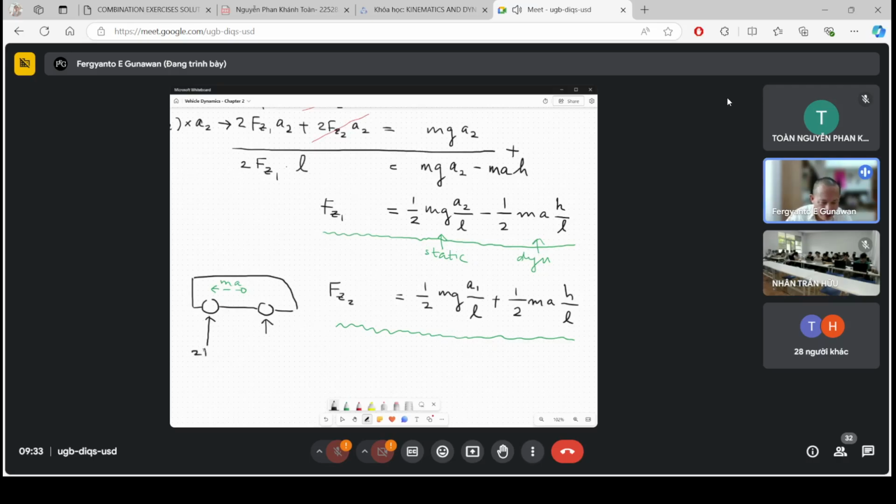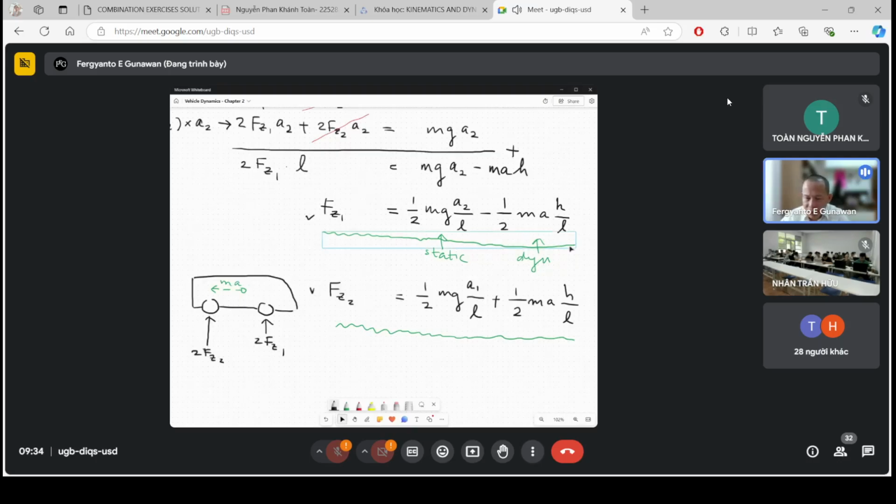So this one is FZ2, and this one is FZ1. So the force on the rear wheel is much bigger than the one at the front, right? So this part is not difficult to understand.